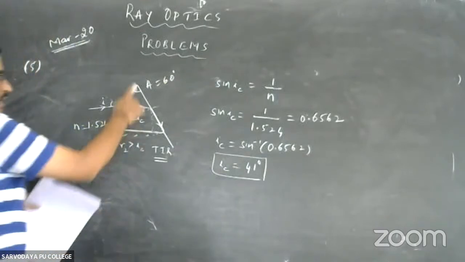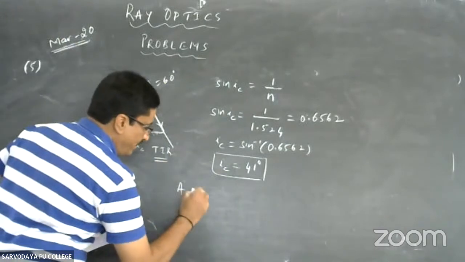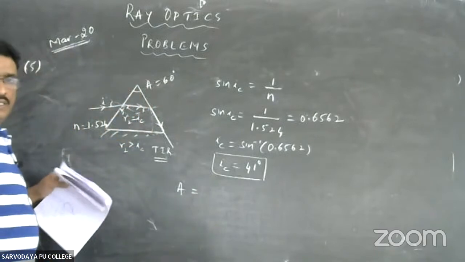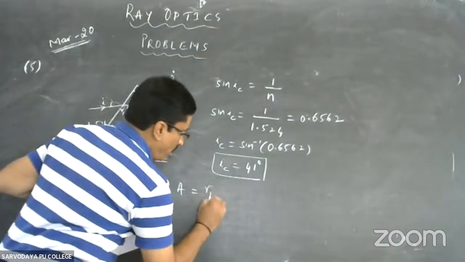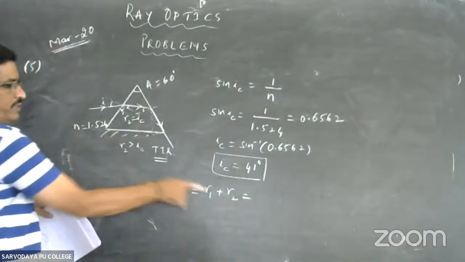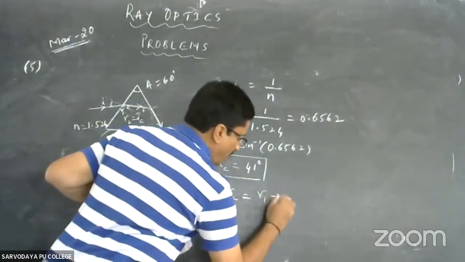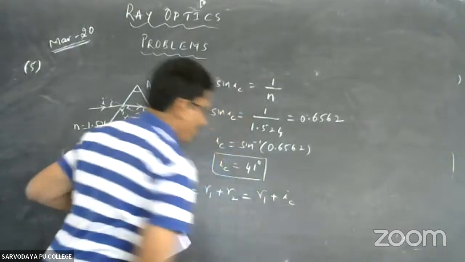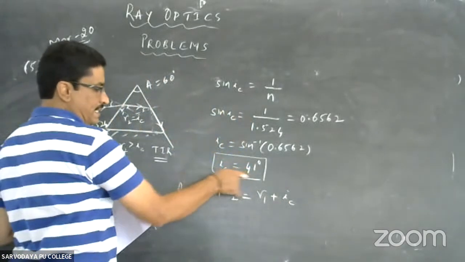But as already mentioned, during refraction in case of prisms, A will be equal to R1 plus R2. Already I have given the idea here, R2 will be equal to IC. Therefore, A is R1 plus IC. Just now we have calculated IC.